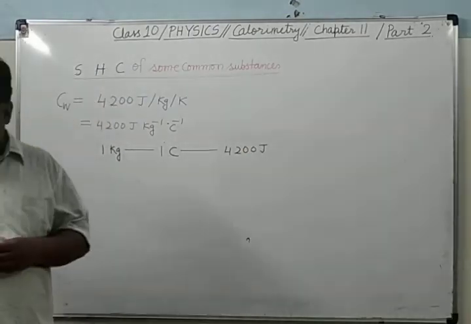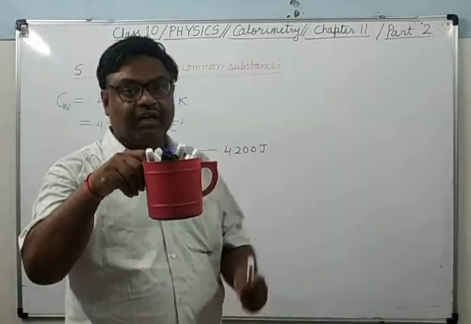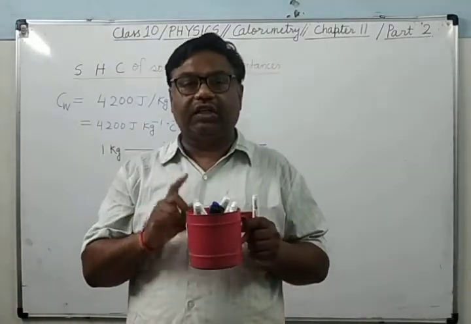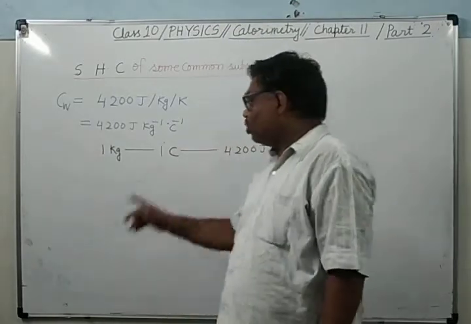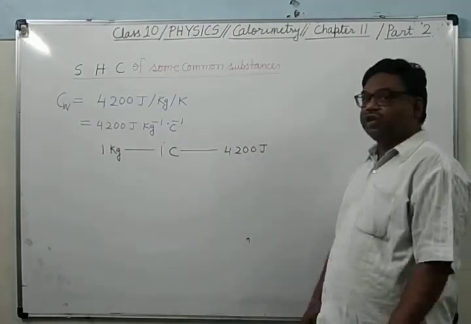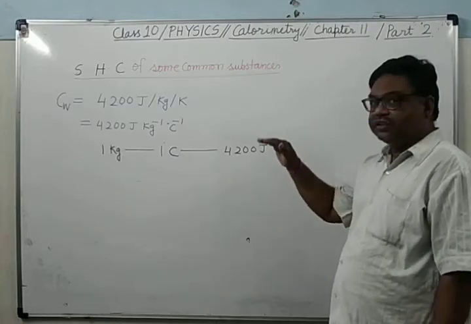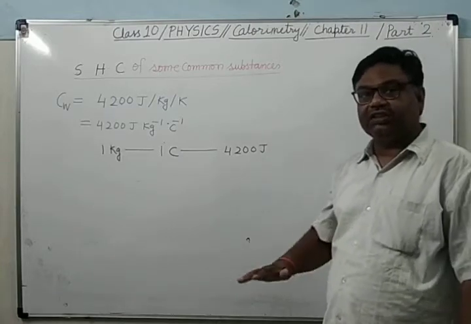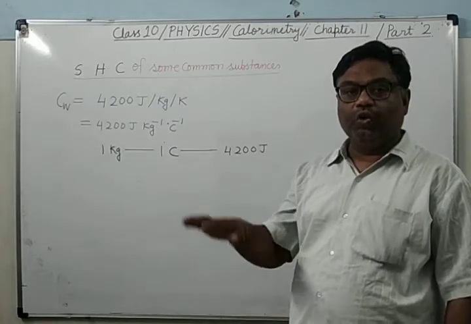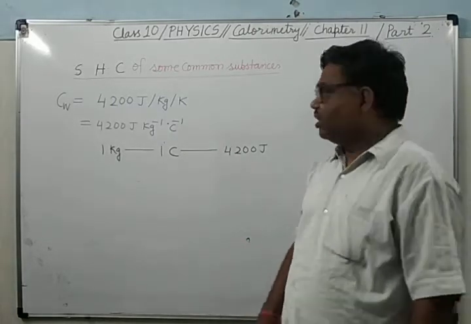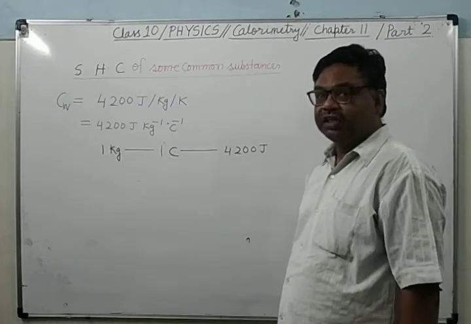If this container has 1 kg of water and you have to raise its temperature by 1 degree Celsius, you have to supply 4200 joule of heat energy. Or if you have to cool it by 1 degree Celsius, then the water has to liberate this much heat energy.